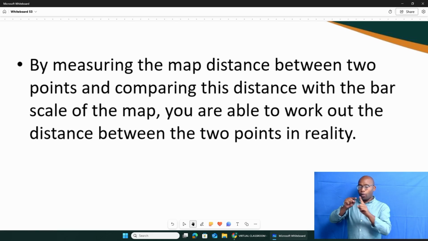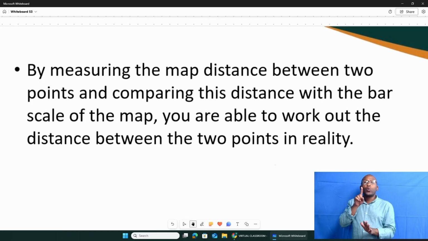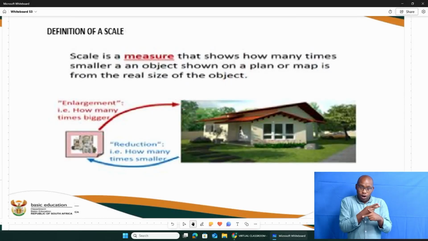The definition of scale is a measure that shows how many times smaller an object on a plan or map is from its real size. On paper it is very small, but in reality it shows how big it is. That is scales.